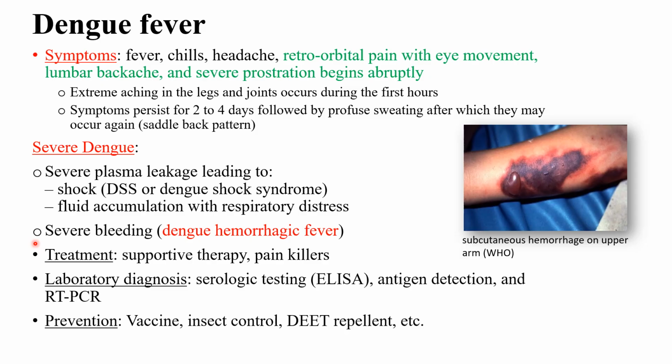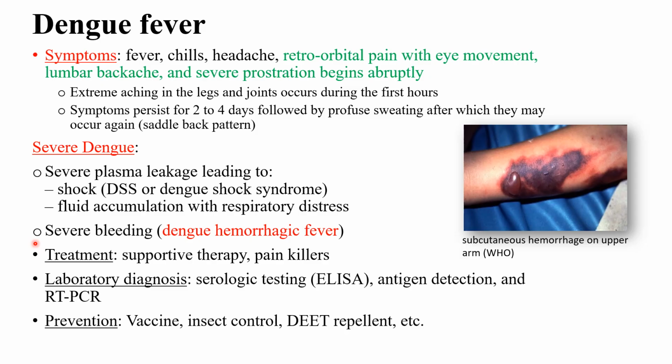infecting the patient. The good thing is that for many years, the only way to prevent dengue fever was through really insect control, like using nets to prevent mosquitoes from biting the individuals, or by using insect repellents like DEET.